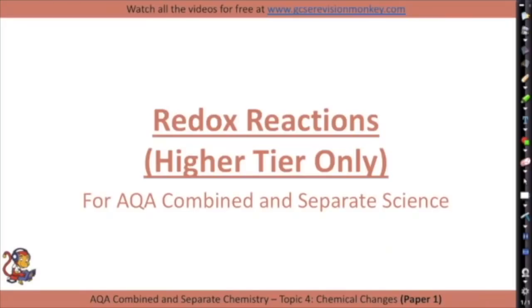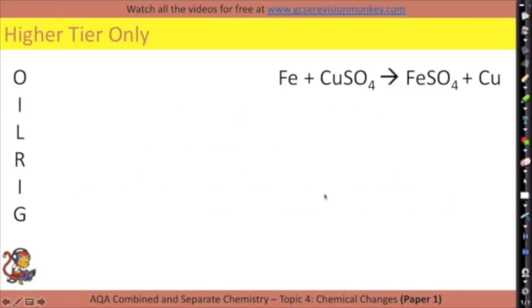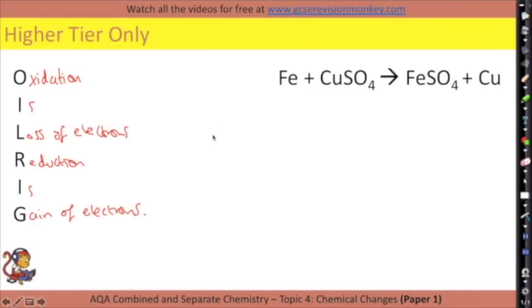Redox reactions is a topic for higher tier pupils only. Again, it involves the two words oxidation, meaning the loss of electrons, and reduction, meaning the gain of electrons. And what you need to be able to do is understand in a formula like this where you have atoms and where you have ions.